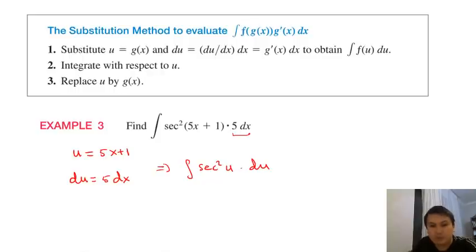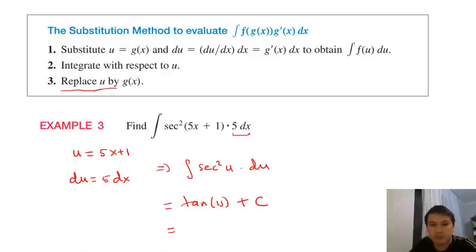Well, now, what was the integral of secant square? Well, we know that the derivative of tangent is secant square, hence tangent is the antiderivative of secant square, plus a constant, and we do this last step. Sometimes we miss this, but let's not miss it.